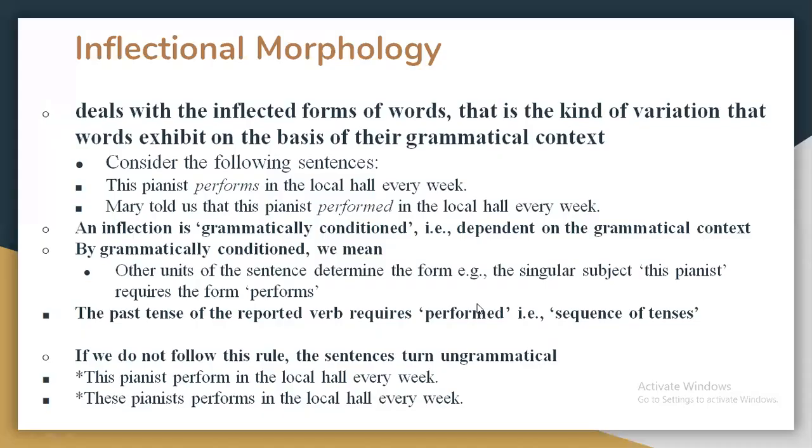Let's see. We talked about inflectional morphology last time also, and I'm repeating this one. If you have some confusion, we can discuss today. By the name also you can see, it deals with the inflected form of words, not only verbs. Inflection is the kind of variation that words exhibit on the basis of their grammatical context.